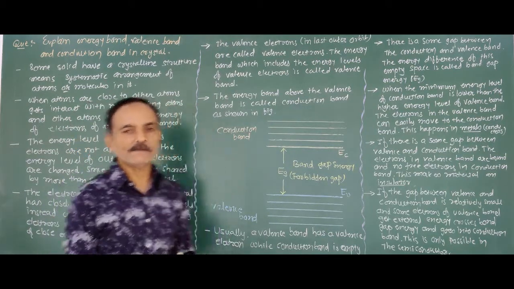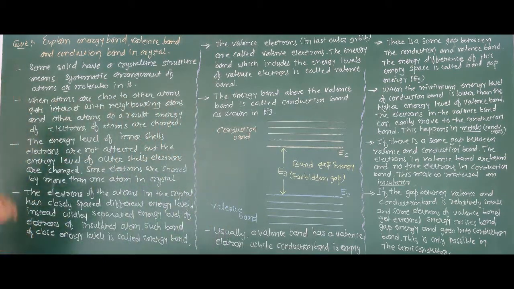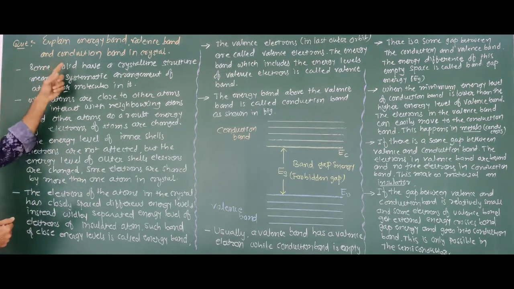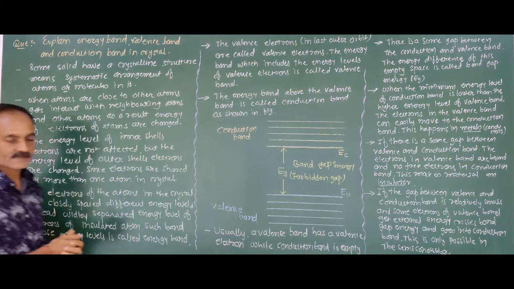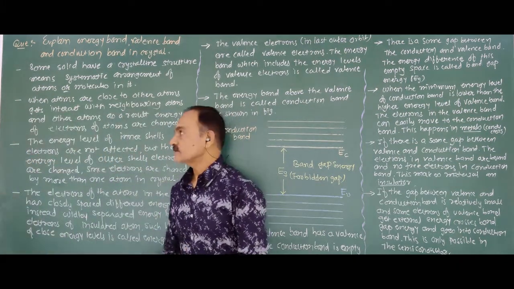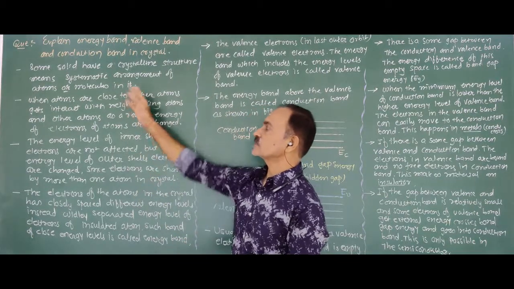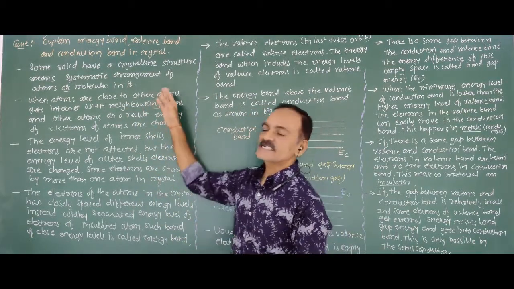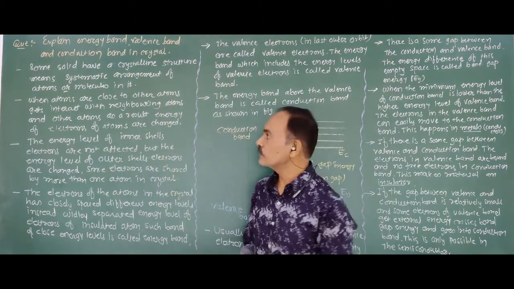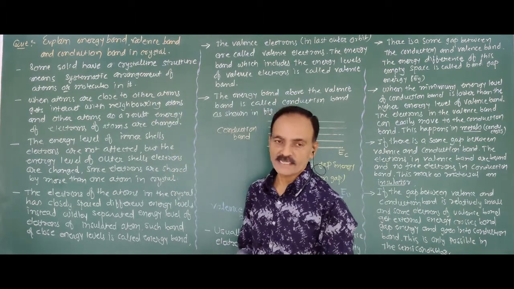For that purpose, the question is: explain the energy band, valence band, and conduction band in a crystal. Some solids have a crystalline structure, that means a systematic arrangement of atoms and molecules in it.